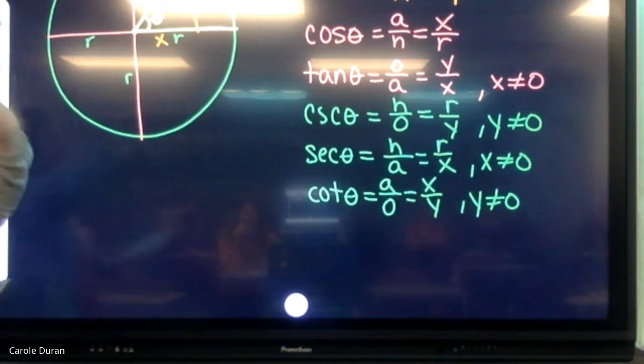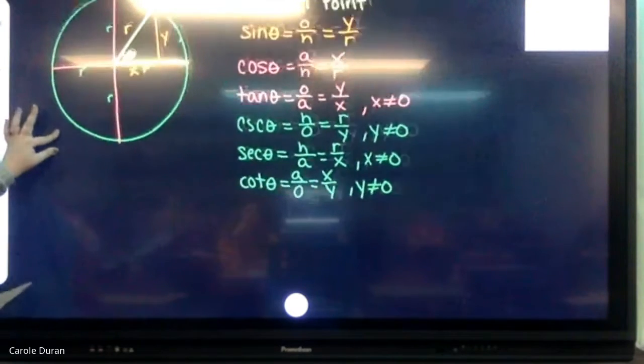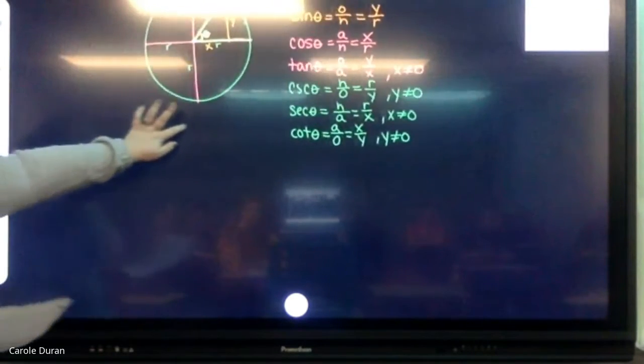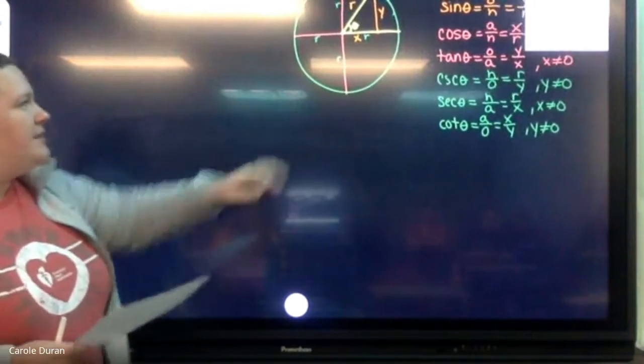I'm going to zoom this out a little bit so we can still keep it on the board with us, and I'm going to move it off to the side so I have more room to write.